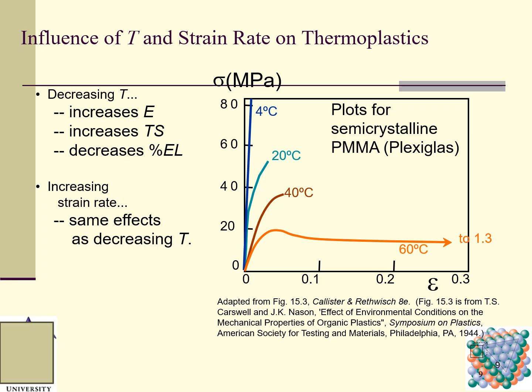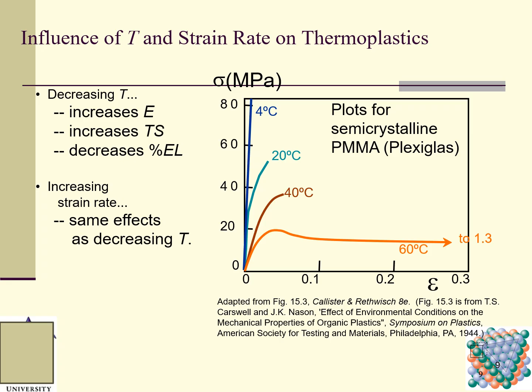If one is high, the other must be low. You cannot have a material that possesses both high strength and high ductility. So if we increase the strain rate, we can get the same effects as decreasing the temperature.